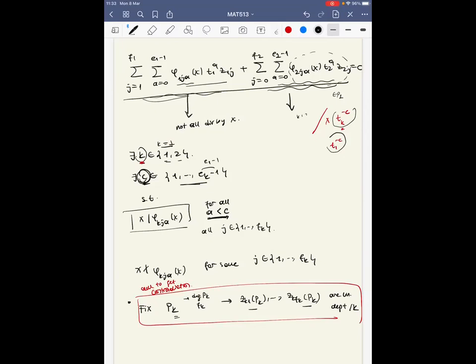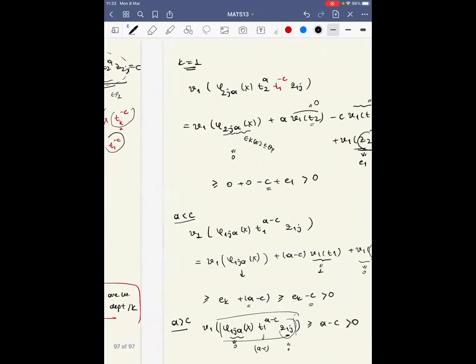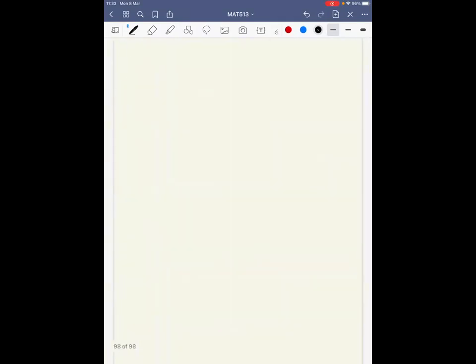So now if we apply the residue class map, but before that, for the case a equals c, if we consider the term phi1jc x, this polynomial from k of x, times z1j.